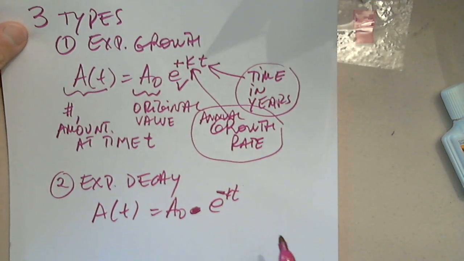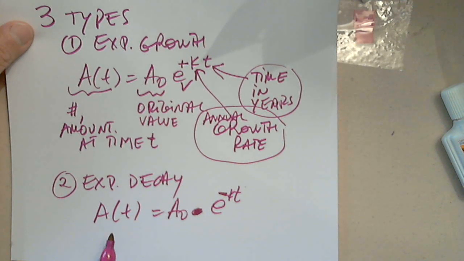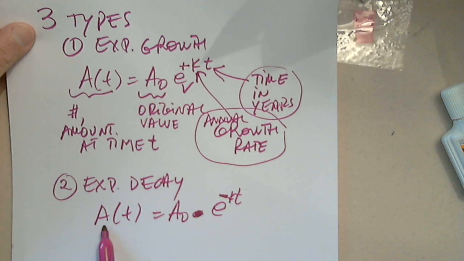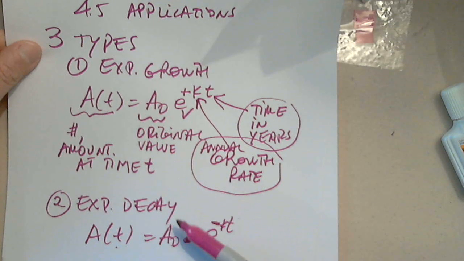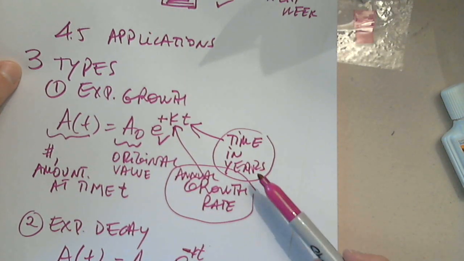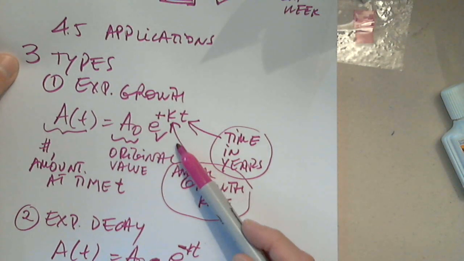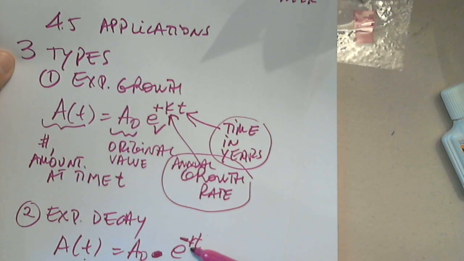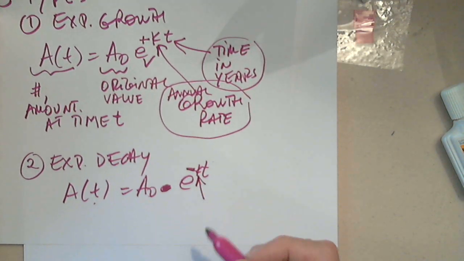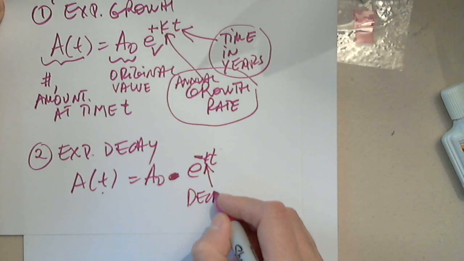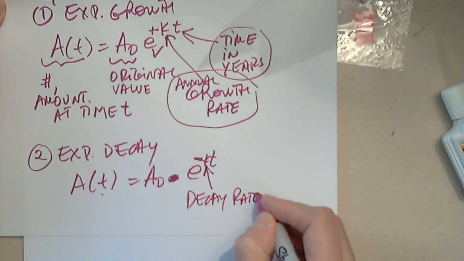Everything the same. The mass or the number at time t, the original value or initial value or beginning value, t is the time in years, and k here is not called the annual growth rate, but it's called the decay rate. That's the only difference.